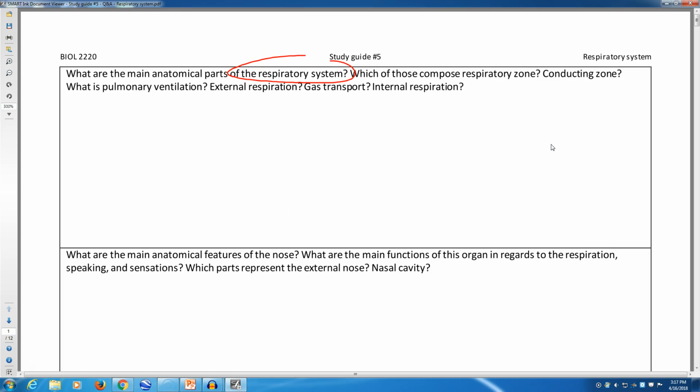Yeah, the fissures that separate lobes. Okay. Sorry. Probably the hardest part is the trachea with all the cartilages. Just memorize those cartilages. Good.